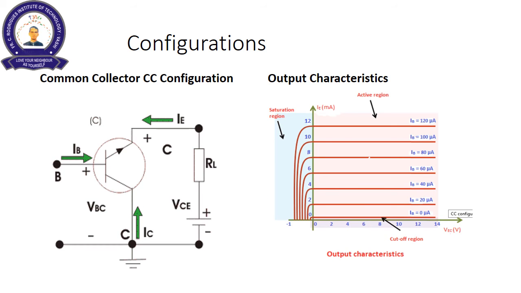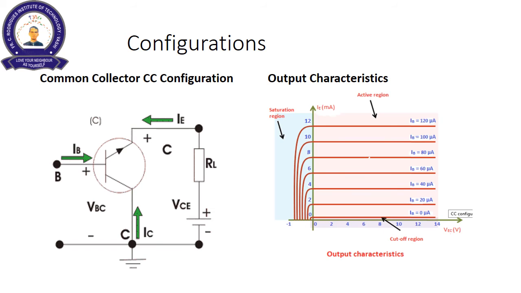The output characteristics of the common collector configuration, which is also referred to as the CC configuration. The rule over here is that the base current is kept constant, as it is followed for the previous two configurations, and based on that the output characteristics are plotted by applying a voltage VCE at the output terminal across the RL or in series with RL.